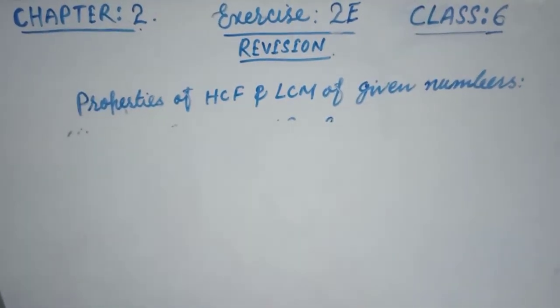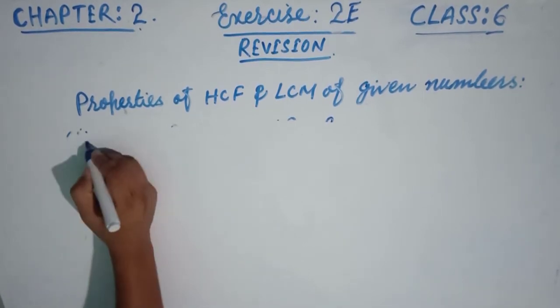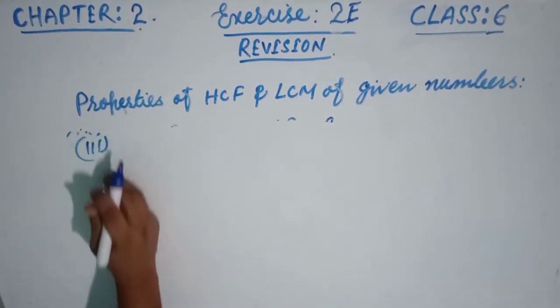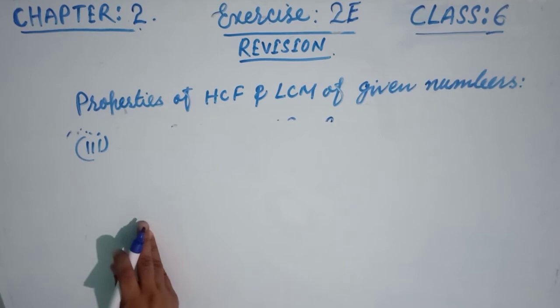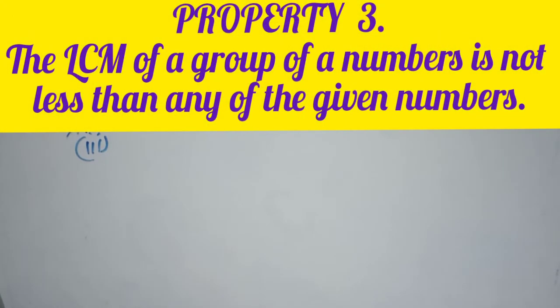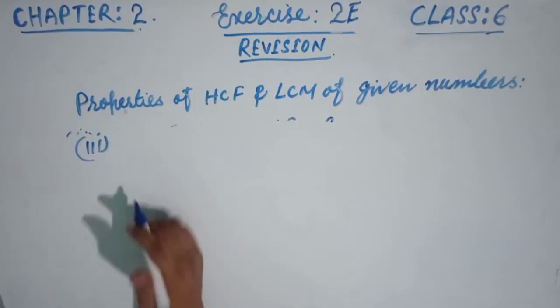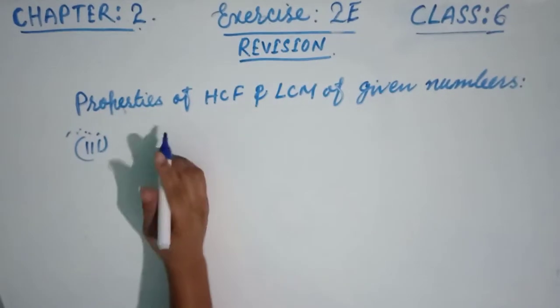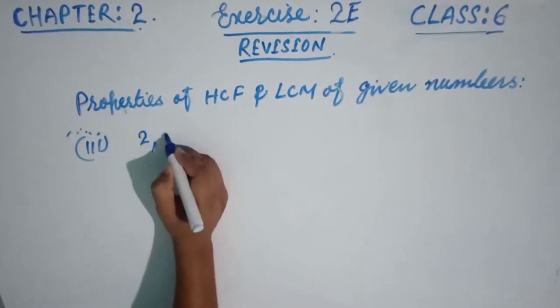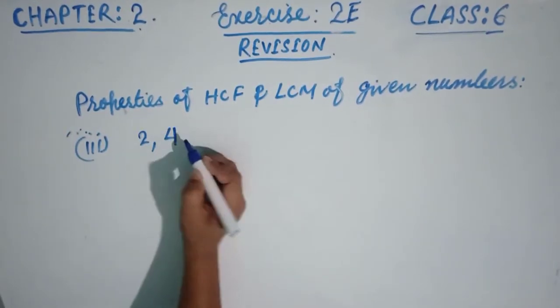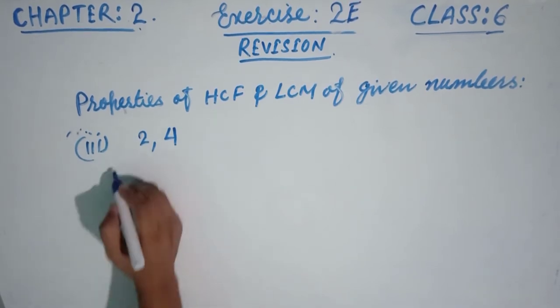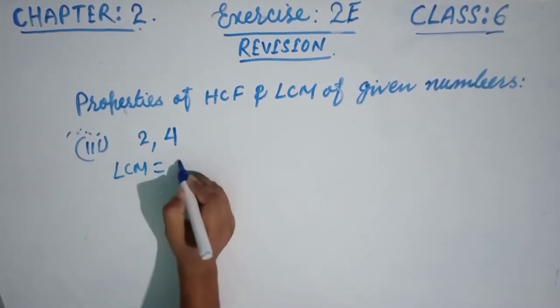Now see the third property. The third property says, friends, the LCM of a group of numbers is not less than any of the given numbers. Suppose 2 and 4. Now the LCM is 4.